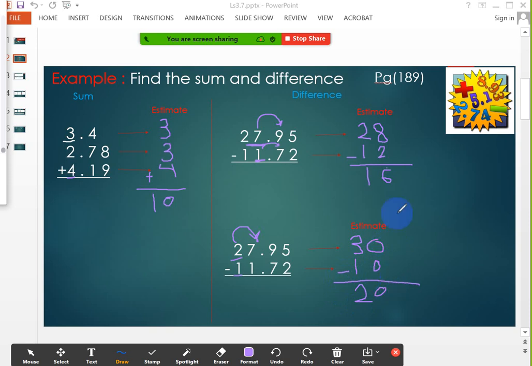Okay, so estimate, as we said yesterday, means guess. I have to guess. The number will be close to either number. It will be close to 16 and it will be close to 20. But which number is more specific? Of course this number, 16, is more specific than 20.